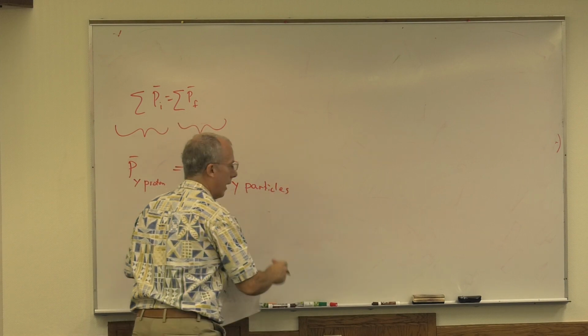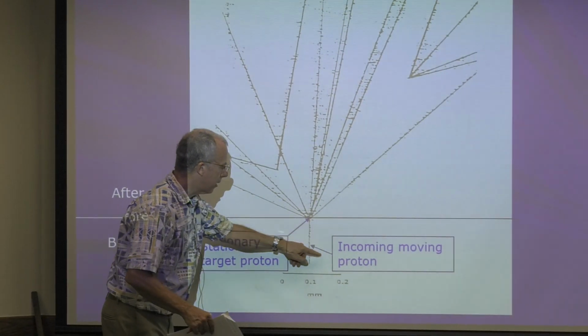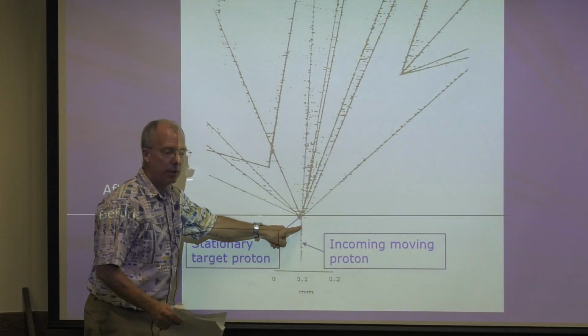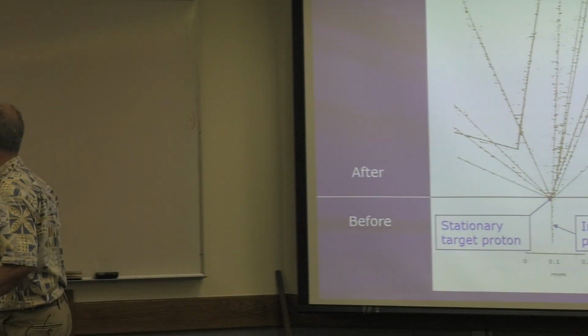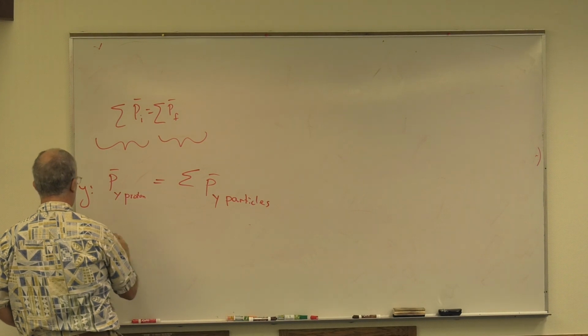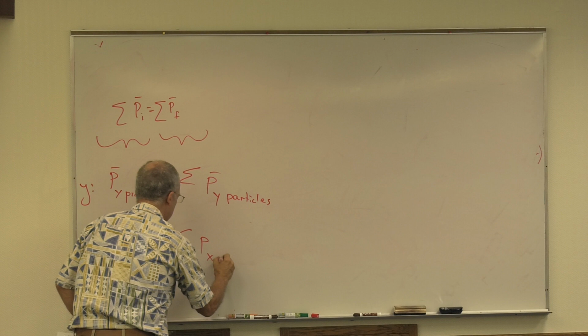But then if this is x, what's the initial x momentum? 0. So this is the y, this is the x. You'd say 0 equals the sum of the px of the particles.